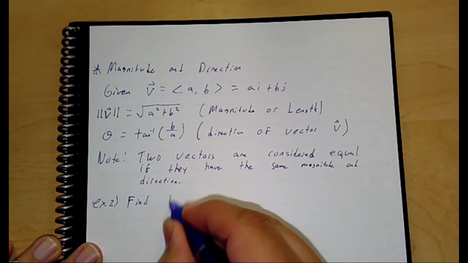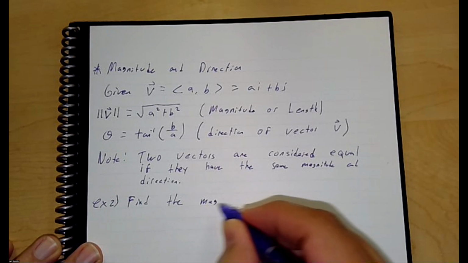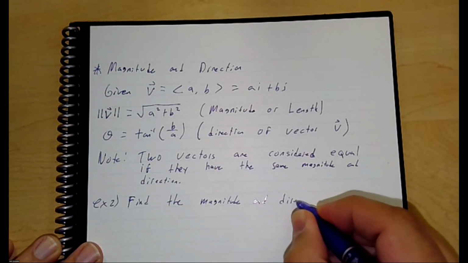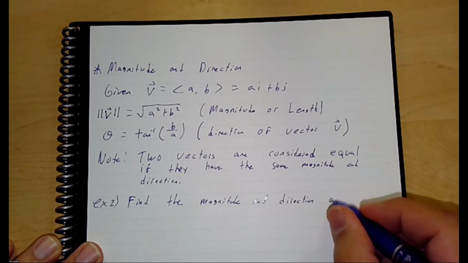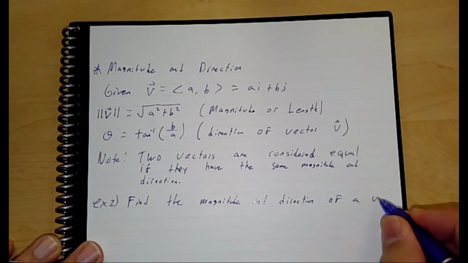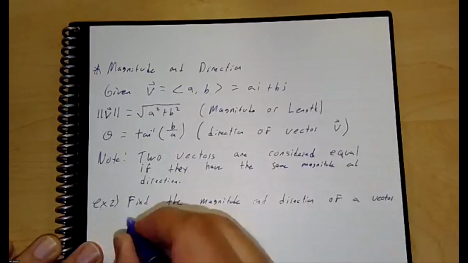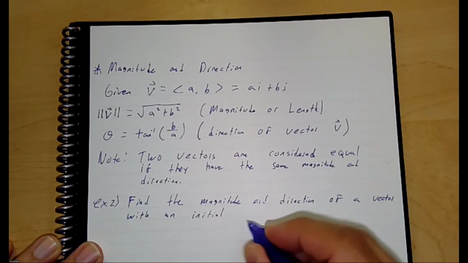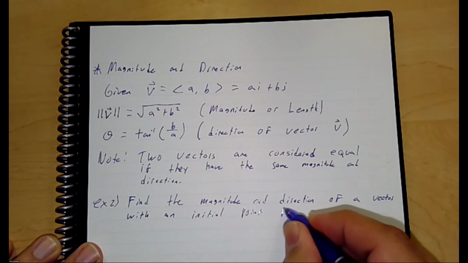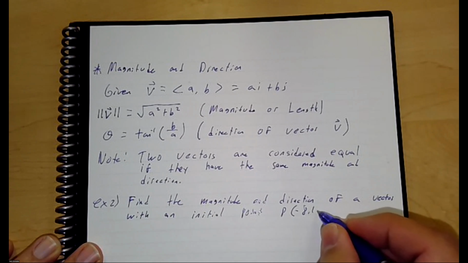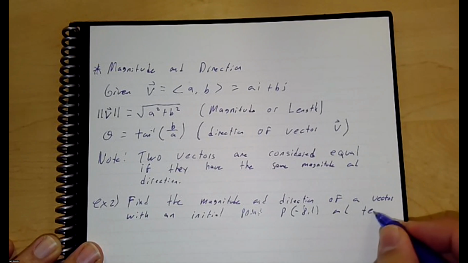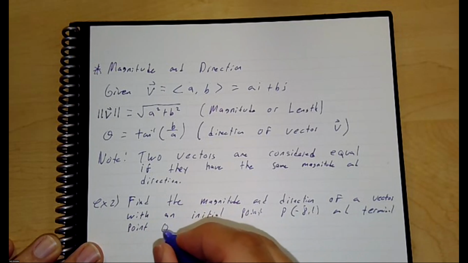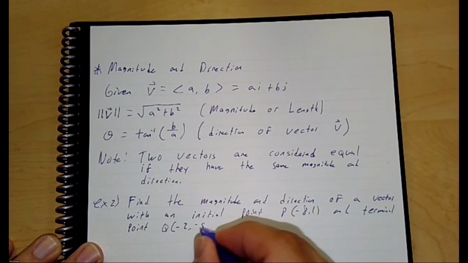So example 2, find the magnitude and direction of a vector with an initial point P, -8, 1, and terminal point Q, -2, -5.